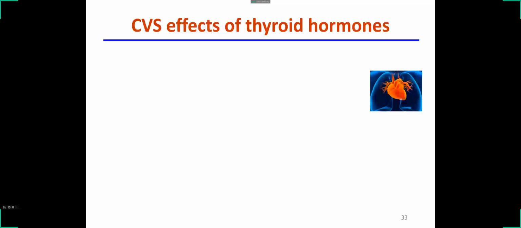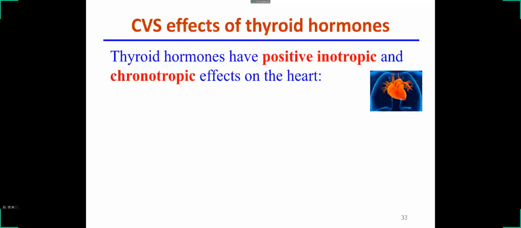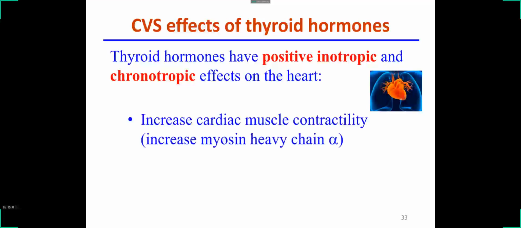Now, what are some of the specific cardiovascular effects of thyroid hormones? Thyroid hormones have positive inotropic and chronotropic effects on the heart. So specific actions are via the beta-1 receptor, which can include increased cardiac output by increasing the heart rate.